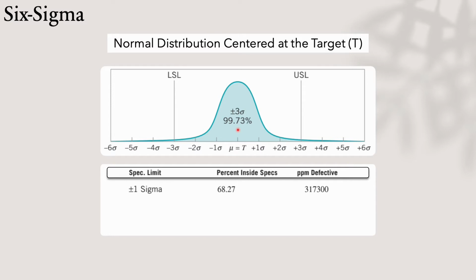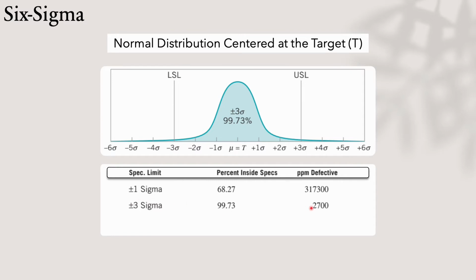So 99.73% will be conforming products if our specification limits are set at plus minus 3 standard deviations. In that case, the number of defective products in parts per million is reduced to 2700. A huge, significant improvement over the plus minus 1 sigma specification limits.